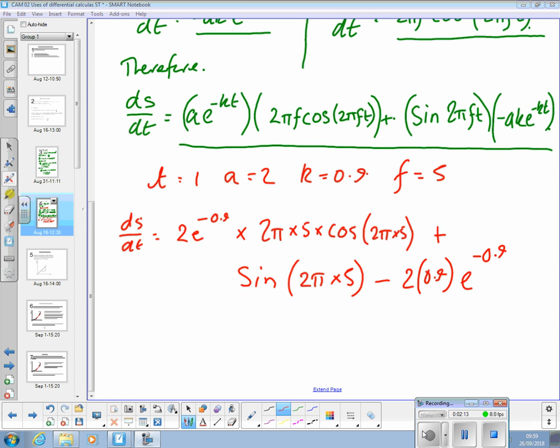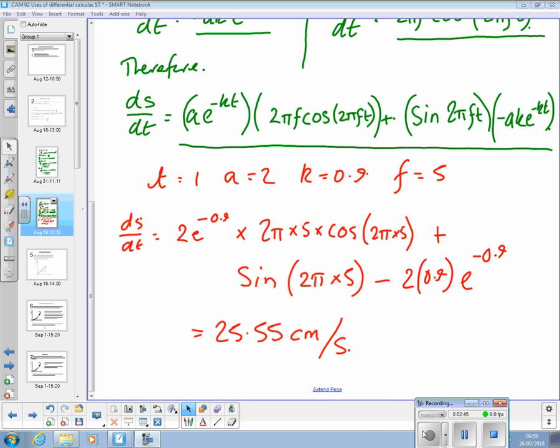Plug all of that in the calculator. You should get minus, sorry, not minus, equals 25.55. It says find the displacement in centimeters per second.